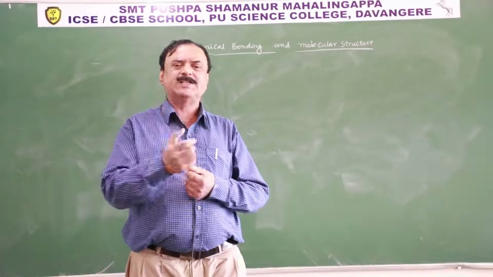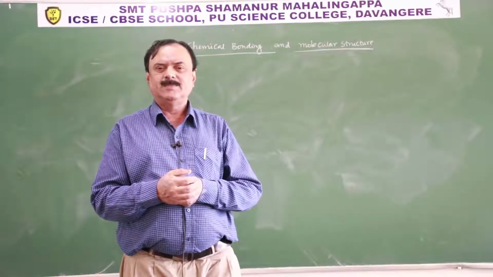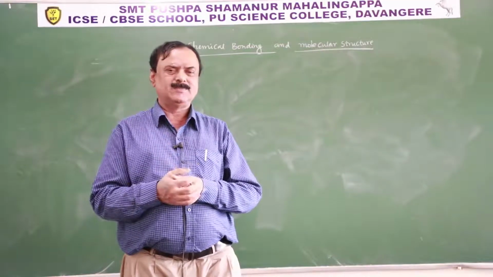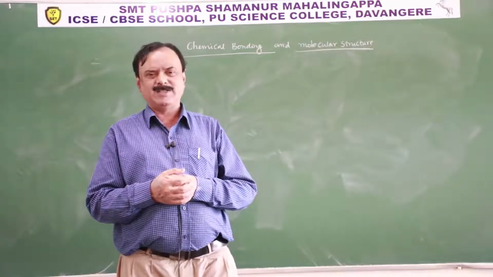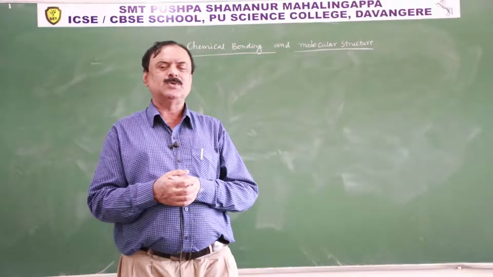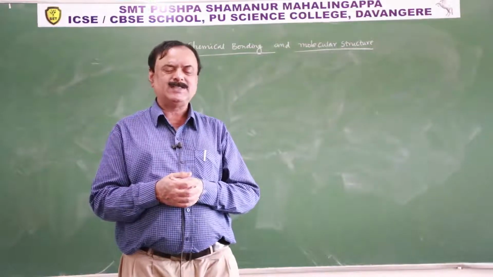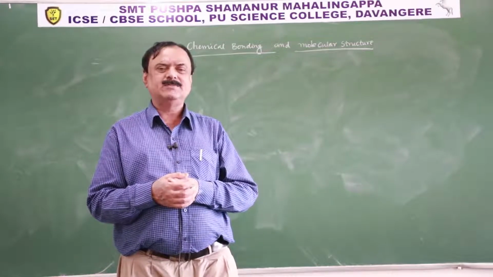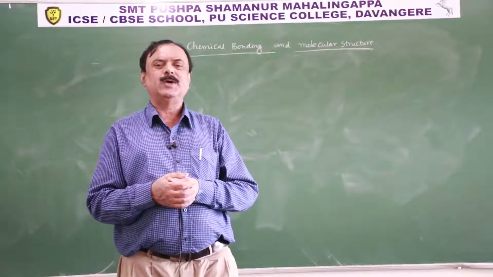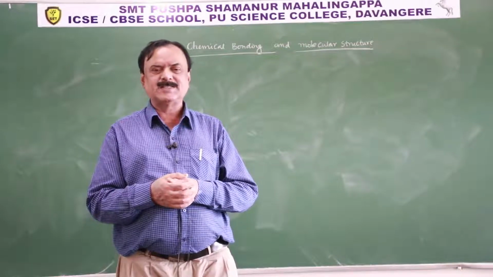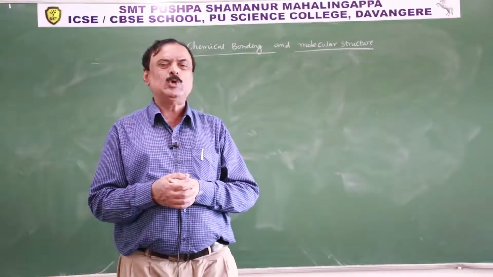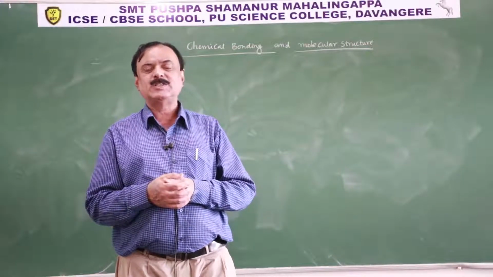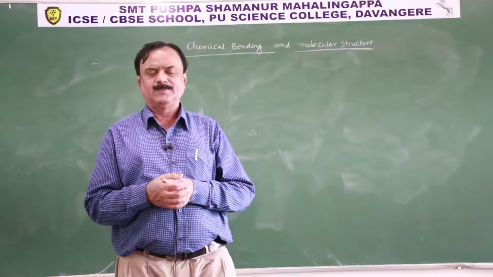Now, why do chemical reactions occur in nature? Because atoms combine to give molecules. Atoms are unstable, molecules are more stable. This implies that during a chemical reaction, atoms continue to gain or lose electrons until they acquire the nearest noble gas configuration.